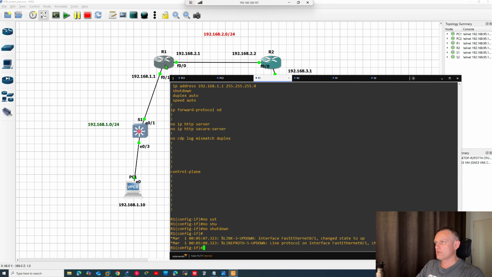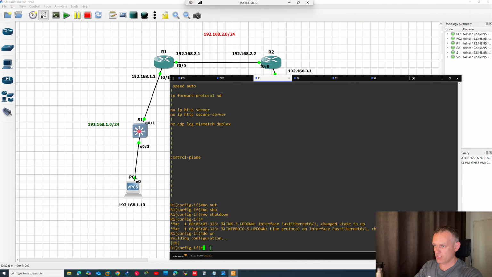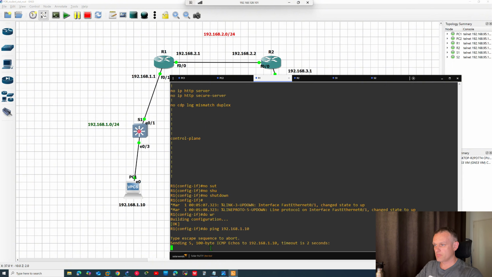Then we can check communication between router 1 and PC1. Usually I do ping 192.168.1.10. That's all, and press enter.